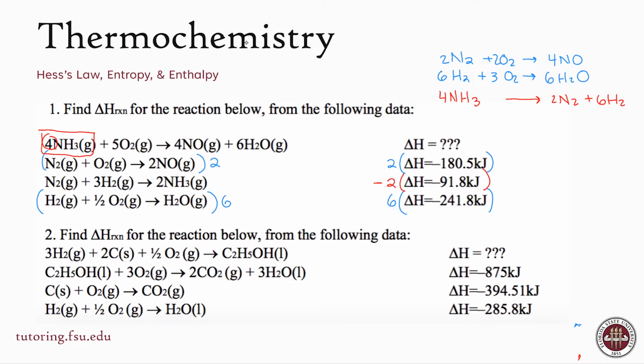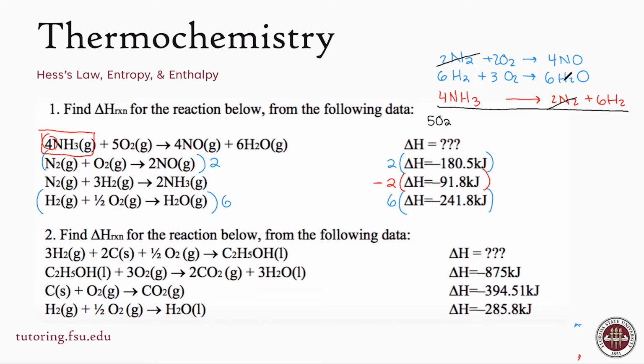Now, if we keep going to our addition, if we add all of these reactions together, we end up with, let's see, 2 and 2, which cancels with the 2 and 2 down here. So we have these cancel. Then we have 2O2 plus 3O2, giving us 5O2. Then we have 6H2, but that cancels with the red 6H2 on the right of the arrow.